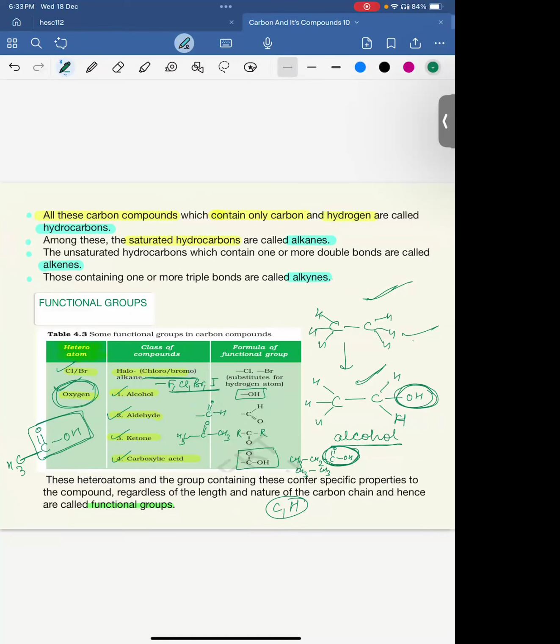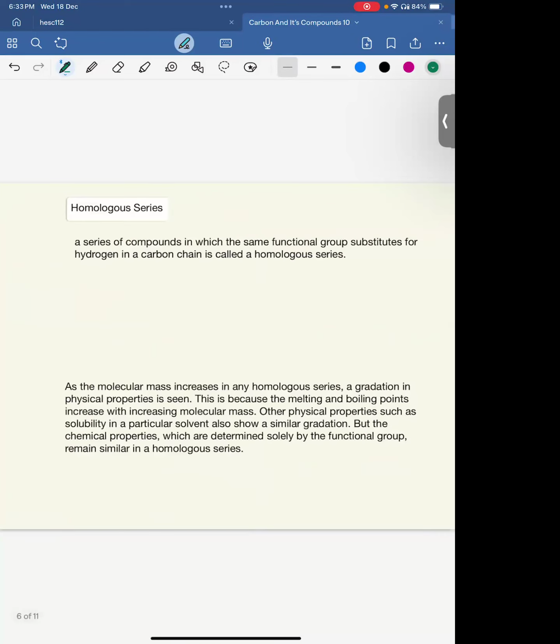Okay. So we'll now study an important concept, that is homologous series. I'll read out this definition. It is a series of compounds where the same functional group substitutes for hydrogen in a carbon chain. If we want to understand this, for example, these are alkanes I am writing.